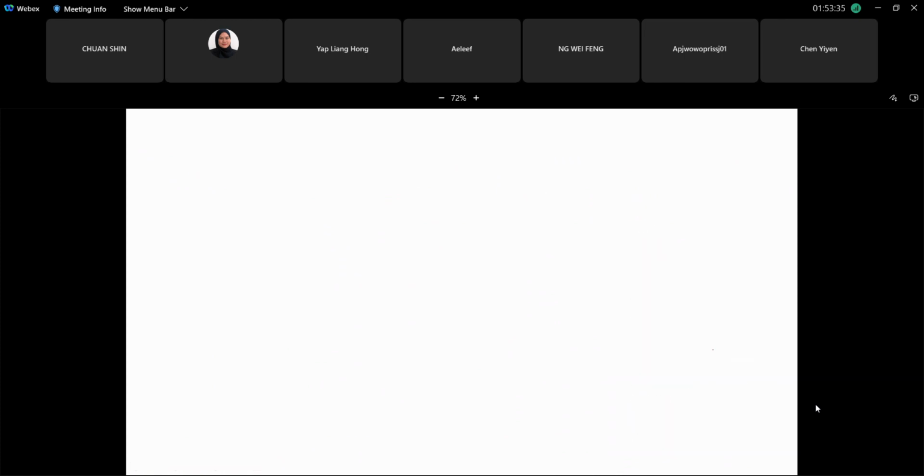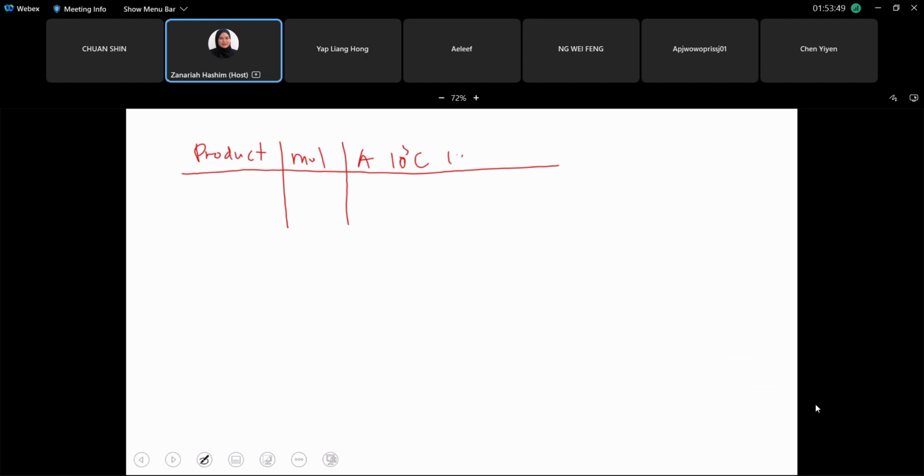Okay, so for the product we have the moles and then A, C, and so on. You have HCl, O2, nitrogen, H2O, and Cl2, with moles 0.09, 3.16, 1.5, 1.